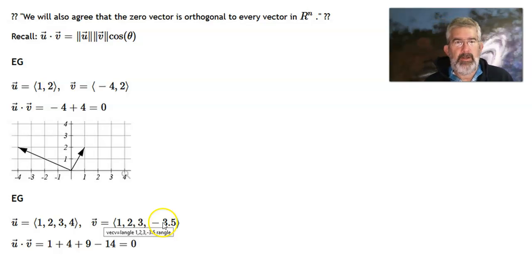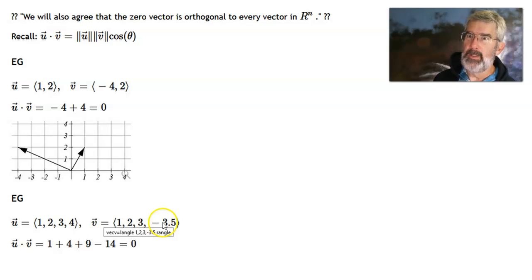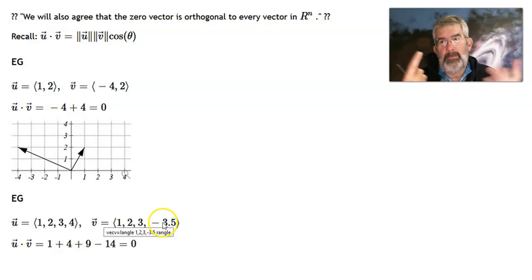They're not 0 vectors, so the angle between them must be pi over 2. So I know what they look like. They look like this. It's just that they're tipped out into the fourth dimension somewhere. But if I could tip my head that way and look at them, I would see two vectors at a right angle to each other. Okay. Orthogonality. Two vectors are orthogonal if their dot product is equal to 0.